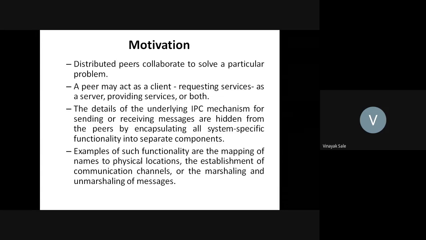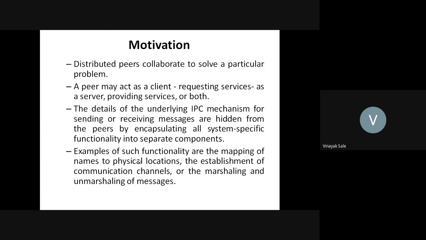Then what is the motivation? Distributed peers collaborate to solve a particular problem. A peer may act as a client requesting services, as a server providing services, or both.